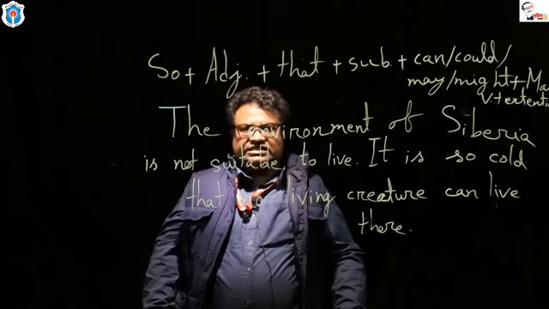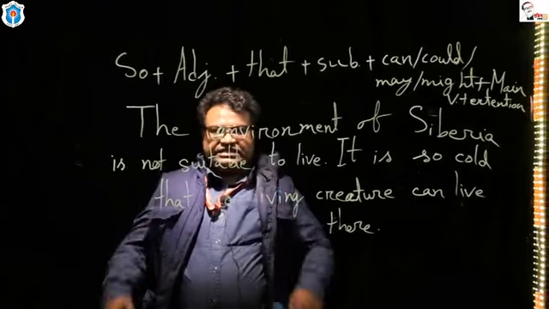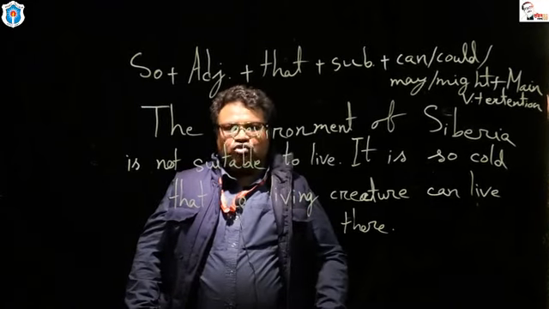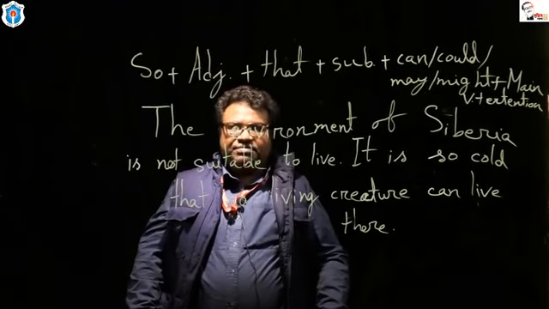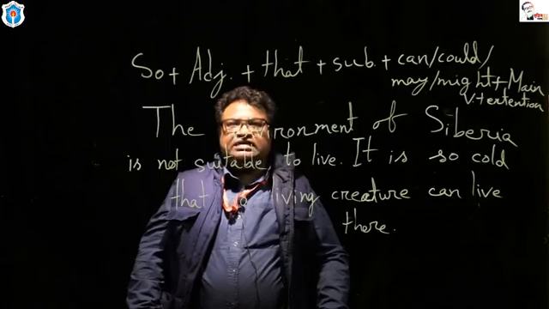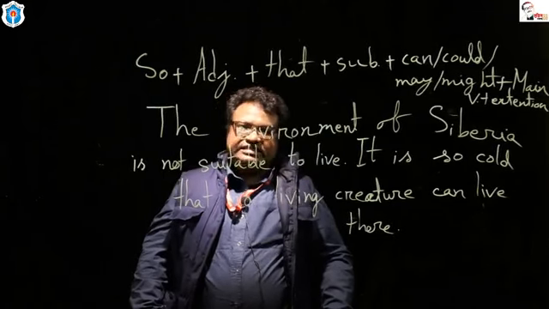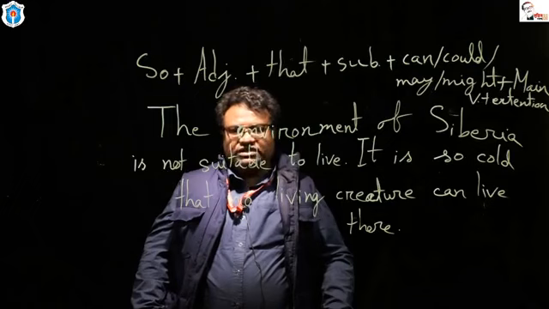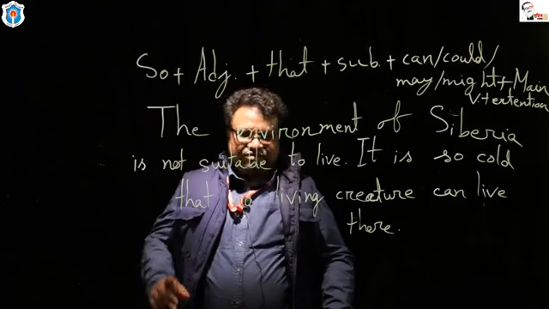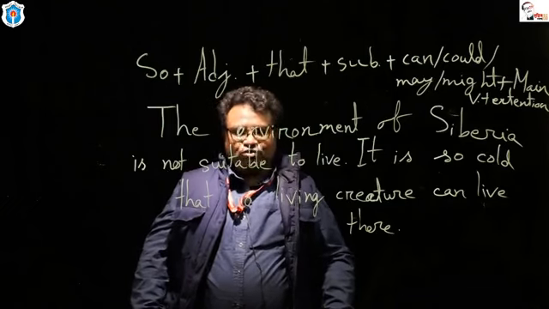These two structures are very much confusing because of this identical words, so that. But we have to remember that in case of so plus adjective plus that, there is an adjective in between these two words, so and that, while in so that, it itself is a particular phrase. Now let's see how we will use so that.